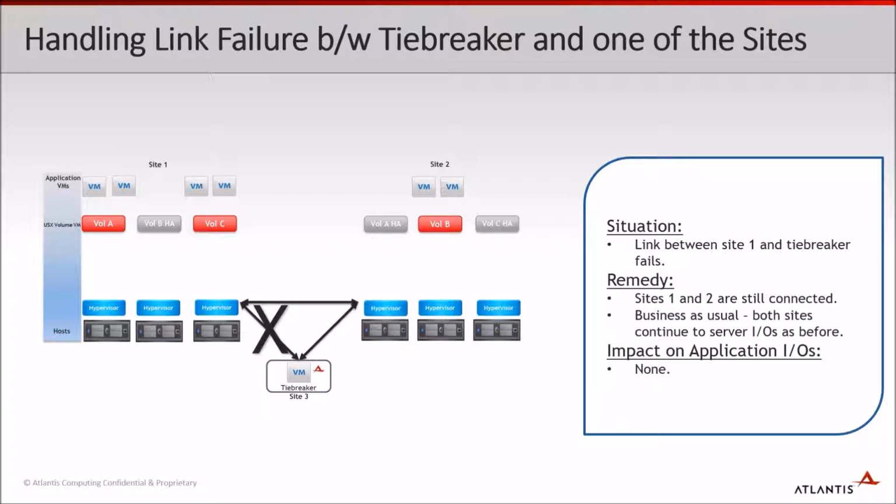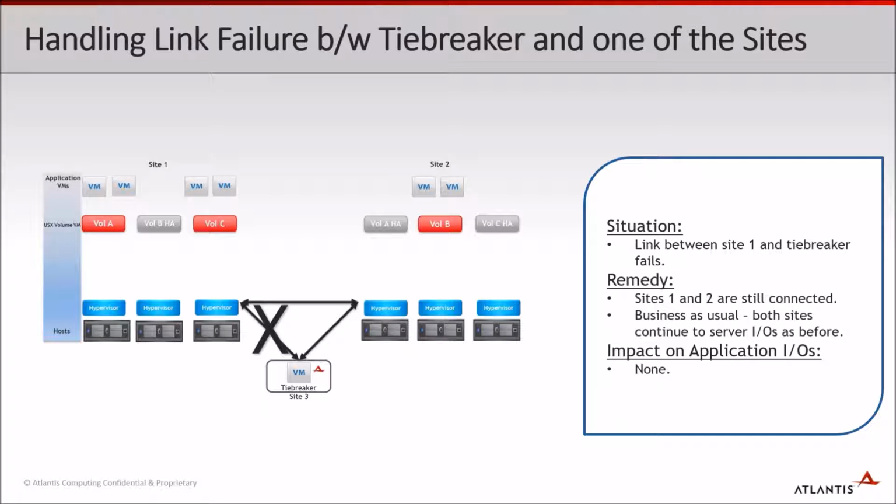It will find that storage is always available. If there was a USX volume service that was running on that failed node, then obviously the tiebreaker will detect that. It will detect that the volume service has gone down, and it will automatically and transparently fail over and restart the HA service of that volume on the other site. So that's the node failure scenarios.